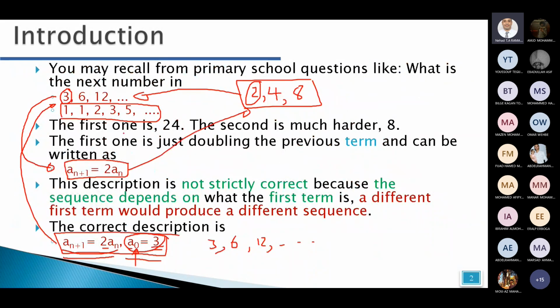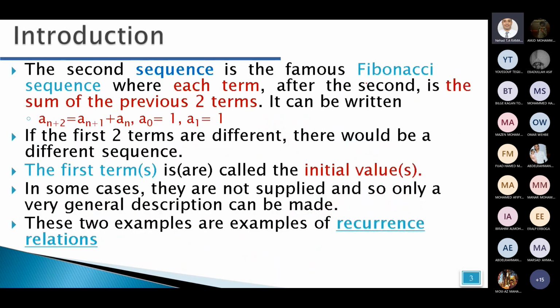Okay, let's look at the second one. This one is called the Fibonacci sequence. I think you know it from programming. In this sequence, each term is calculated from the summation of the previous two terms.